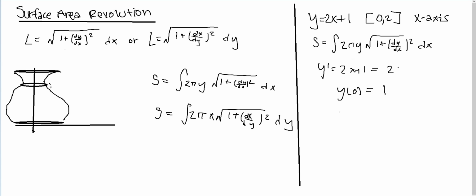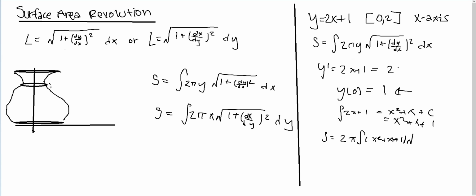So that means when we take the integral, we can put the 2 pi on the outside. We can say 2 pi times the integral of (2x plus 1) times the square root of 1 plus 2 squared dx.